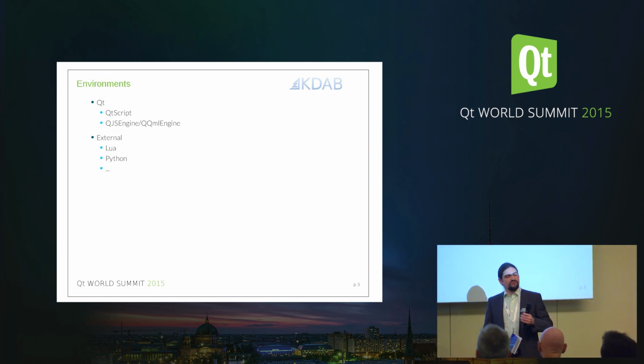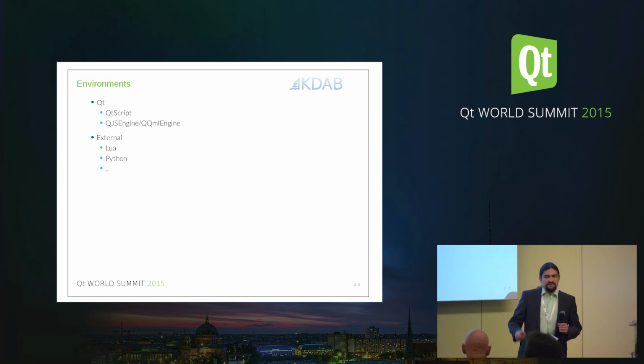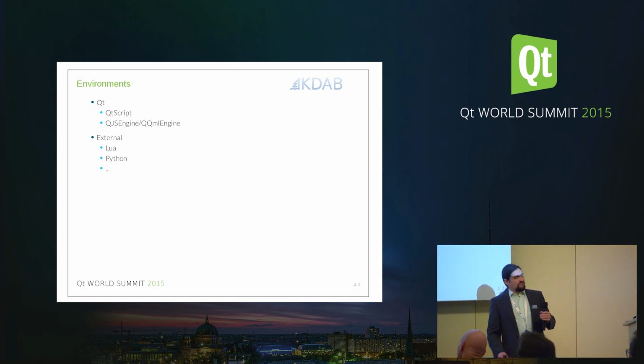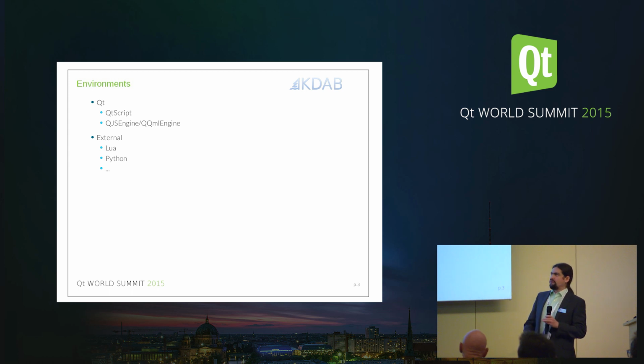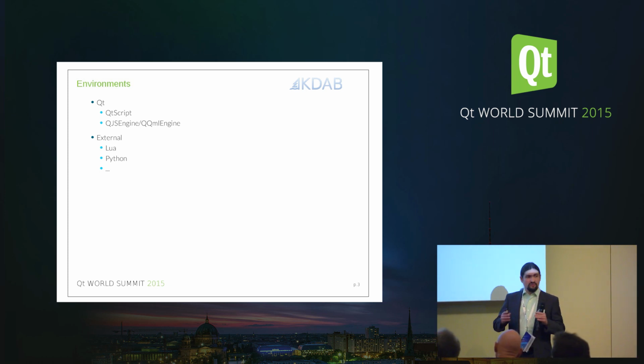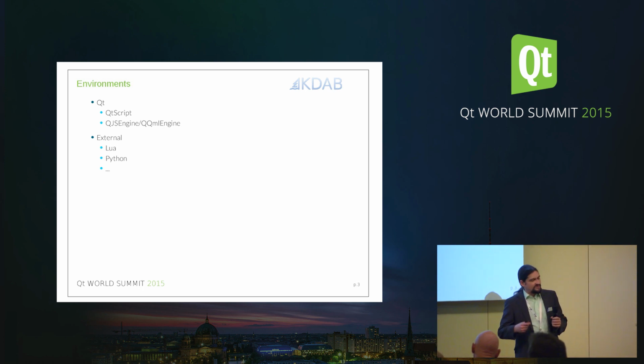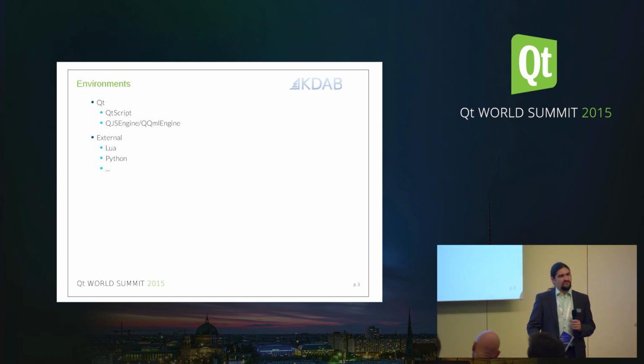Of course, there are also external solutions. Lua is one of the most widely used scripting solutions out there. It's easy to create Qt bindings for that, but since it's not built in, you have to create bindings for that yourself. But still, it's a widely used language. There are also all kinds of bindings for external libraries, and a lot of examples on the internet, so Lua is usually a very good choice for a scripting solution.